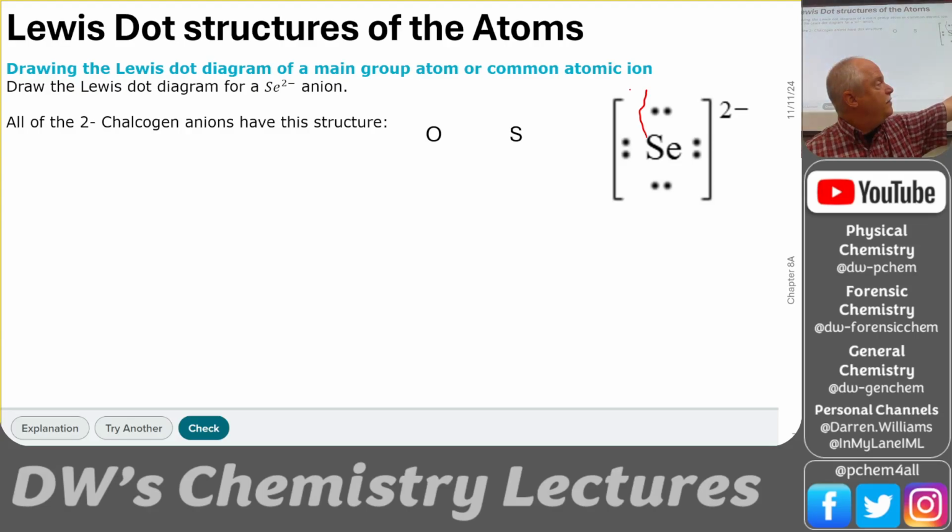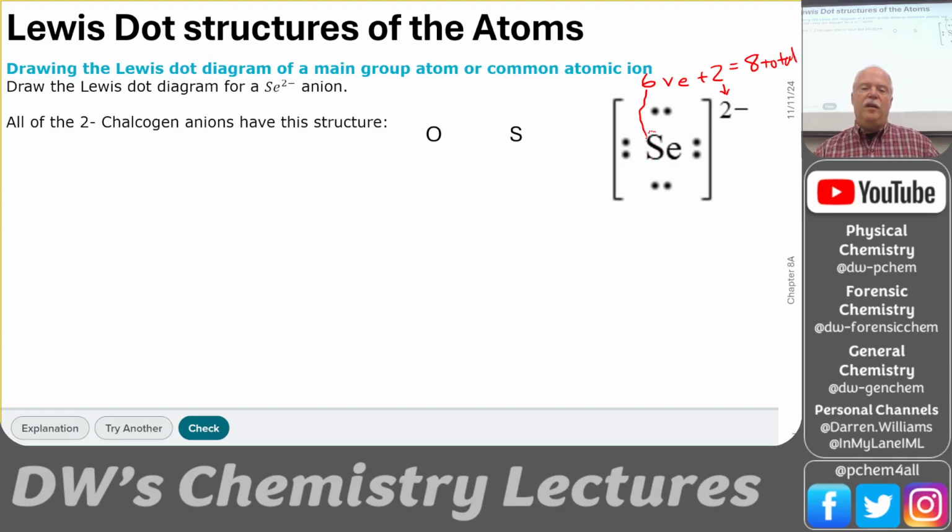You went to selenium and looked straight up. In this table, you see the Roman numeral 6. On ALEX, it would be 6A, group 6A. That's the valence electrons. So I'm going to do 6 valence electrons here, plus 2 from the negative charge, equals 8 total.